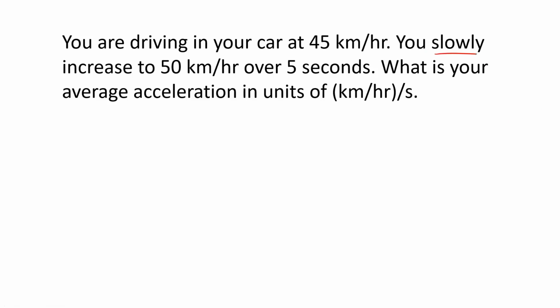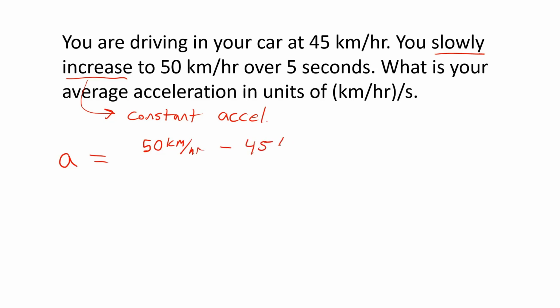First, I want to point out that slowly increase, that's really just code for constant acceleration. That's important because constant acceleration is just going to be the change in velocity over time. Our change is going to be 50 kilometers per hour minus 45.